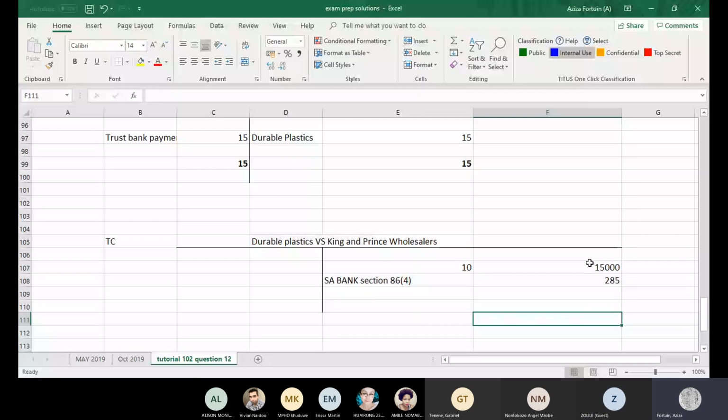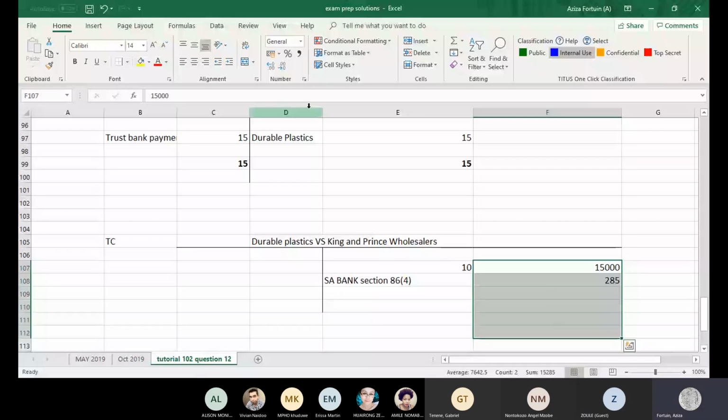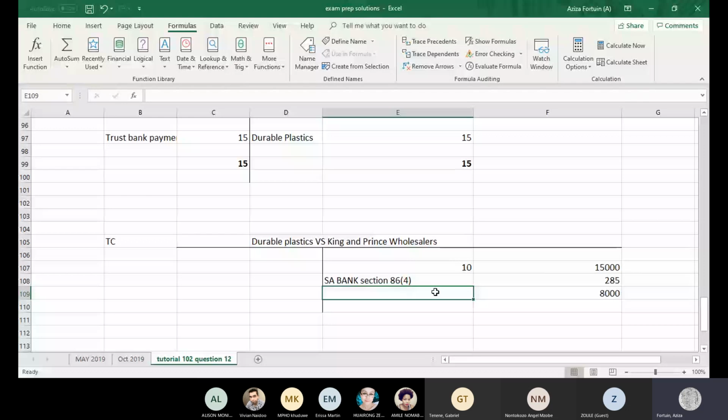Any other money? Day 15, 8,000. And I also got the 7,000 taking as well. 15 and taking the 7,000.